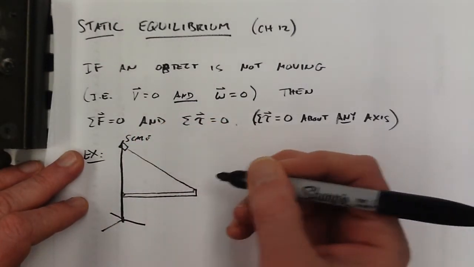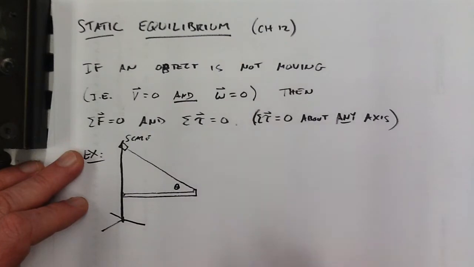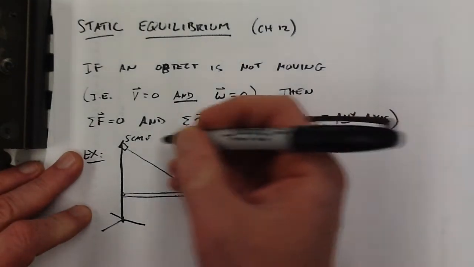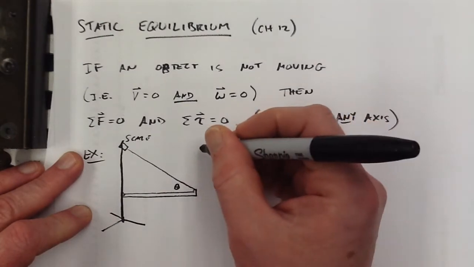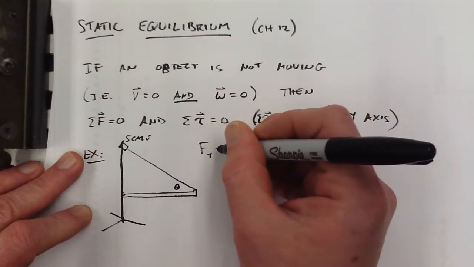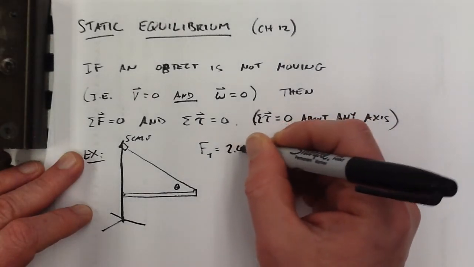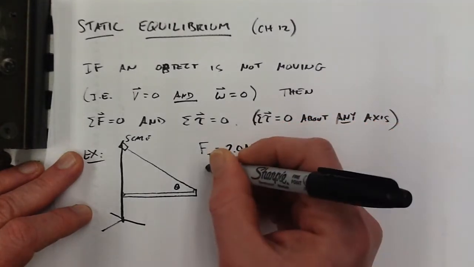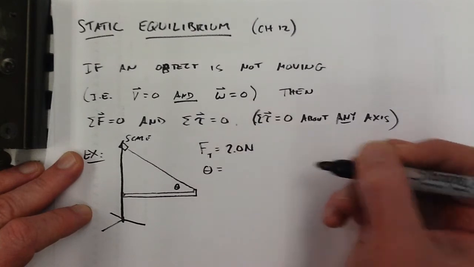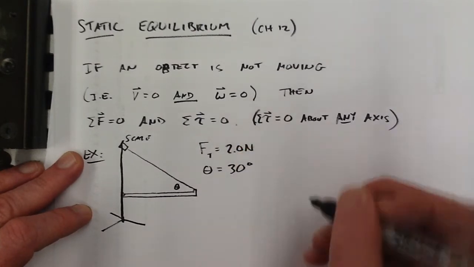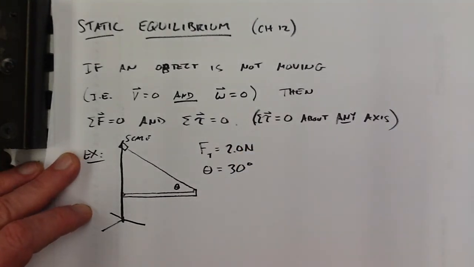And let's say this is some angle theta. And the reading on the scale is, let's say, 2 newtons, and theta is equal to 30 degrees.